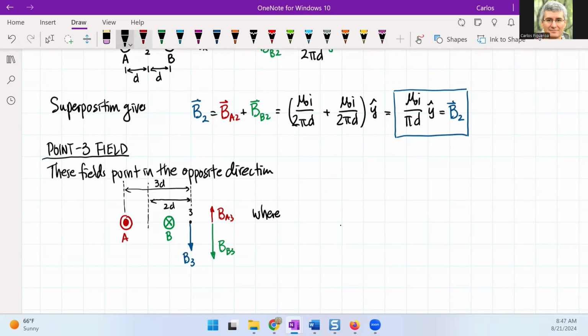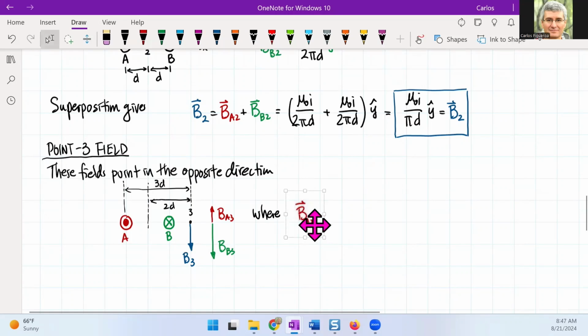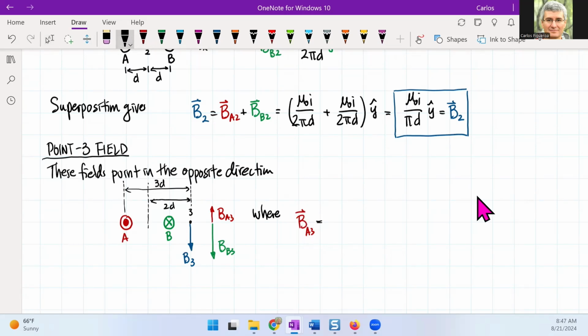Where if I look at the field of A, we can immediately write this to look something like this. So we know it has to be 3 mu naught I over 2 pi d, but in this case, this is in the positive y direction.